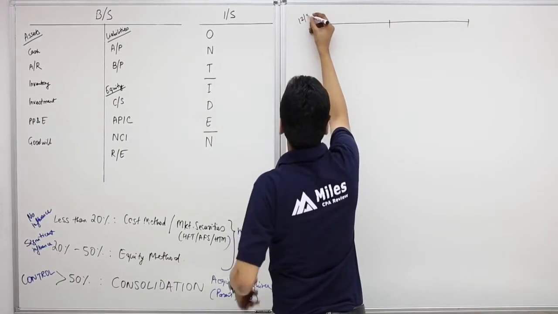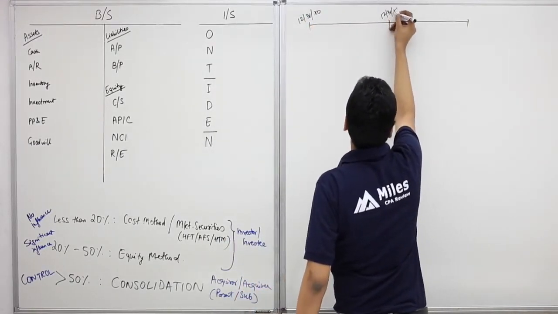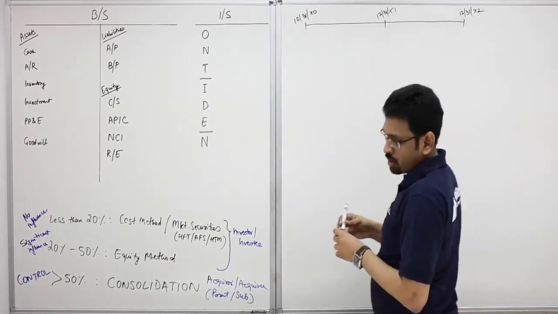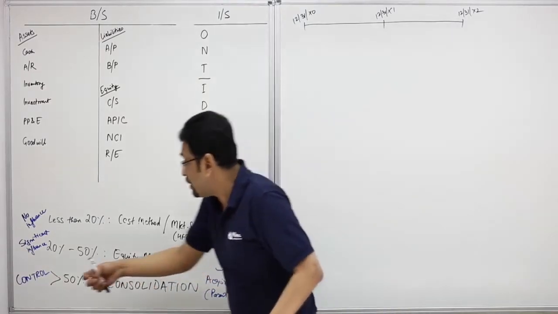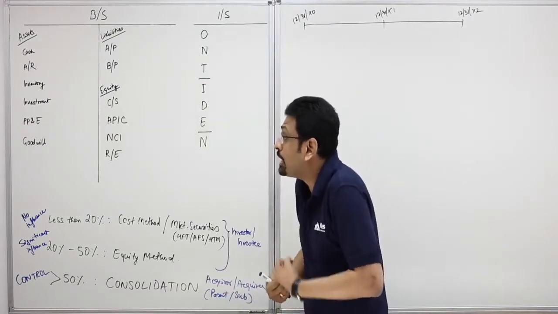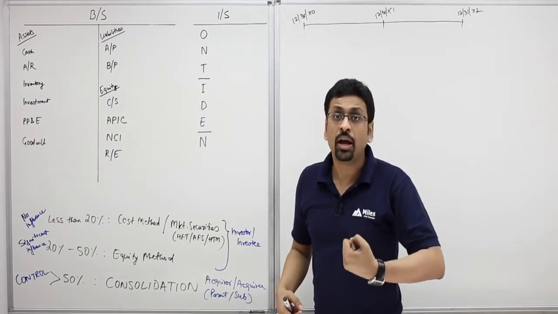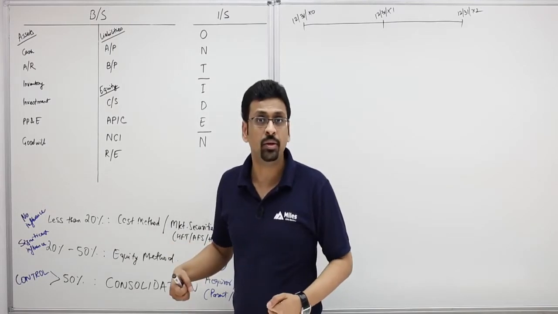Let me call it 12/31 year 0, 12/31 year 1, 12/31 year 2. Now, when the parent acquires over a 50% stake in the subsidiary, such that the parent has control over the subsidiary, during the year they're going to account for this investment using the cost or the equity method.